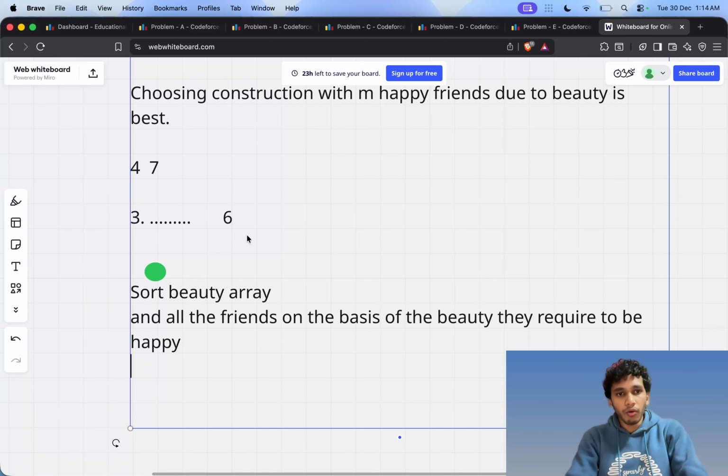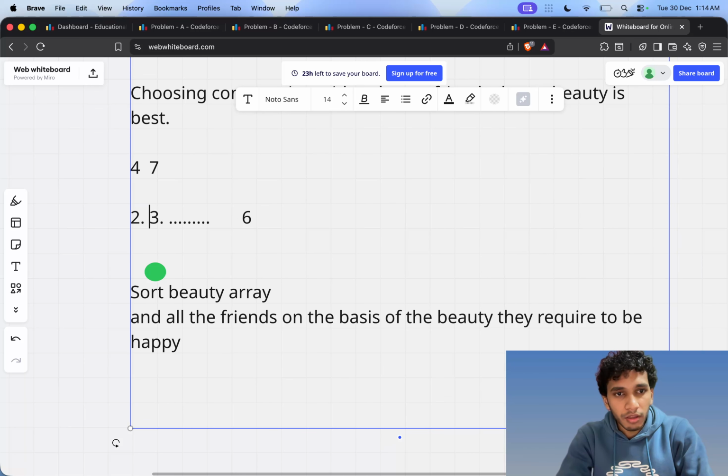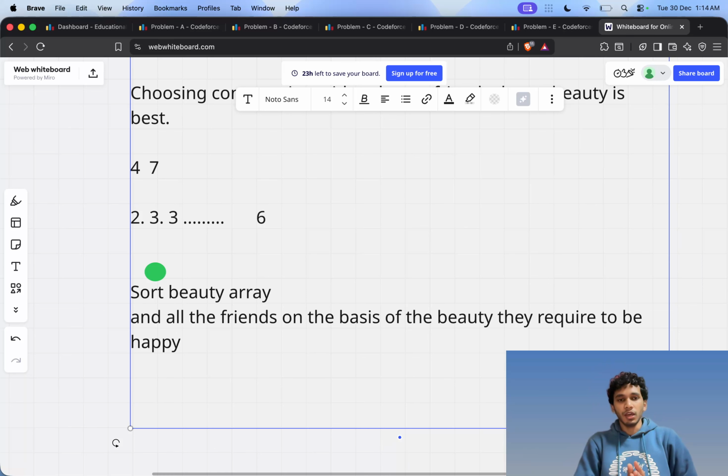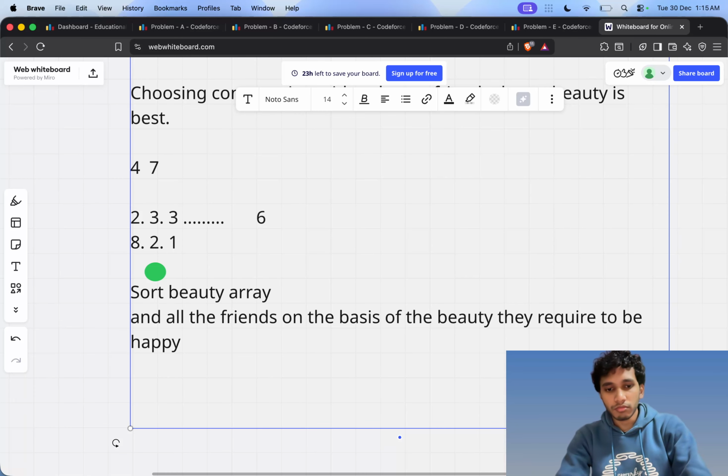Now it is sure that this 4 will make one of them happy. Let's say there were 3 friends, one friend with requirement of beauty 2, one friend with requirement of beauty 3, another friend with requirement of beauty 3. Now this friend requires 8 coins to be happy, this friend requires 2 coins to be happy, this friend requires 1 coin to be happy. What is the best choice?